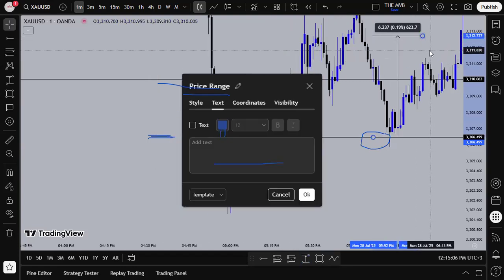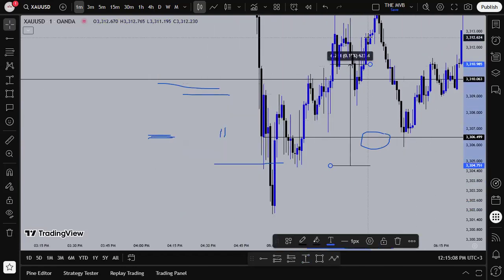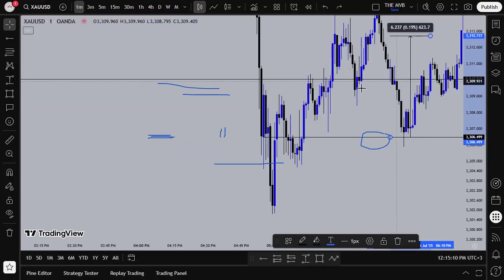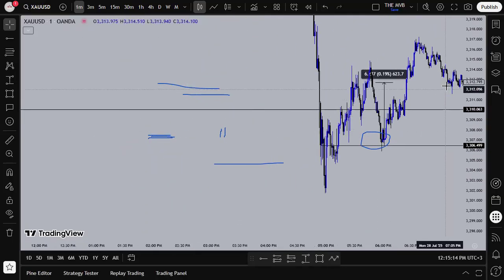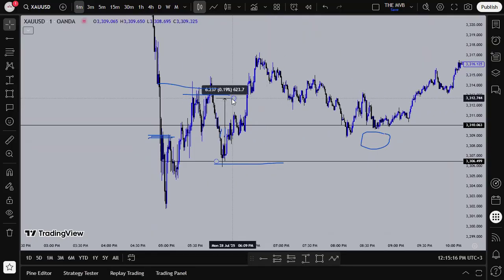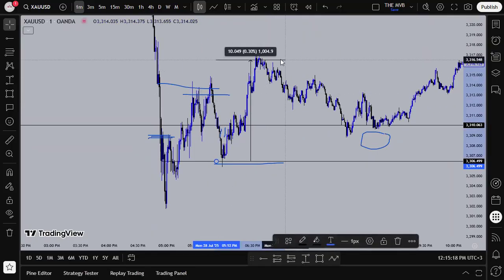And he managed to get a lot of pips from there, and he is still holding. So you can see 100 pips just by this move. And of course, we had another re-entry just from this entry.